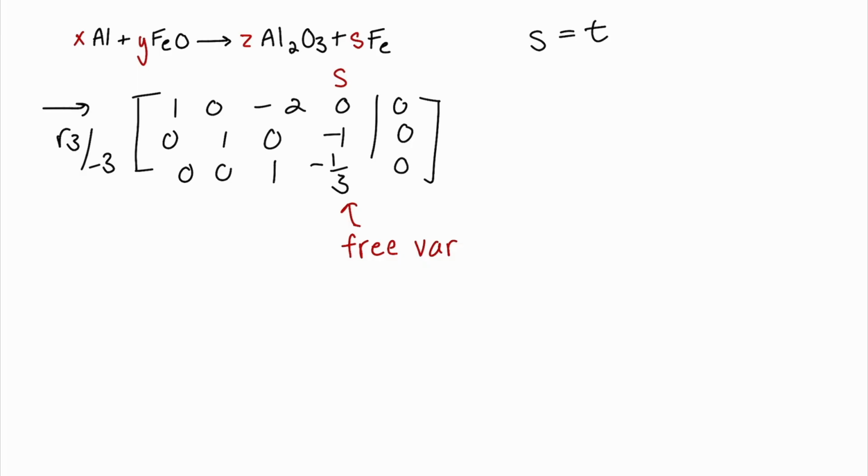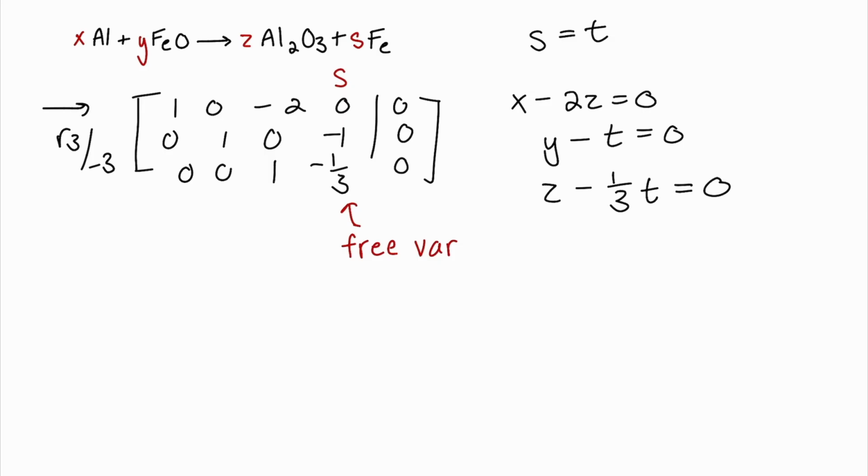So for example, our first equation, we have x minus 2z equals 0. Our second equation, we have y minus, and this would be s, but we can change it to t now, equals 0. And then we have z minus 1/3, which would have been s, now can be t, equals 0.